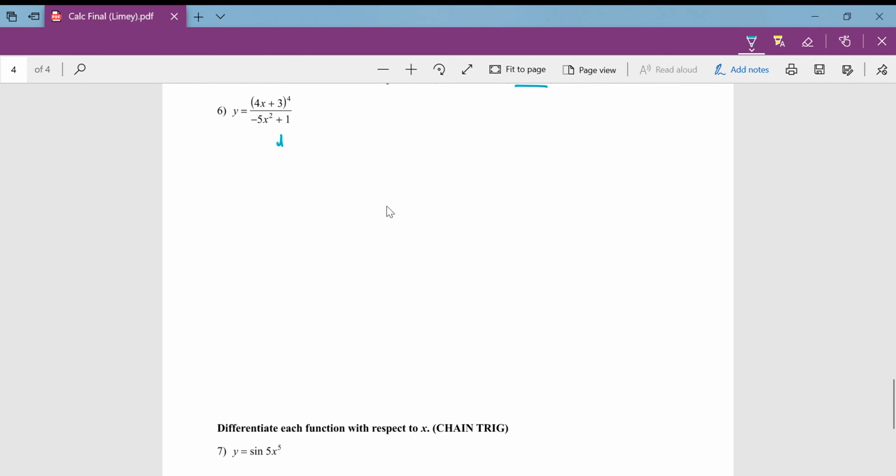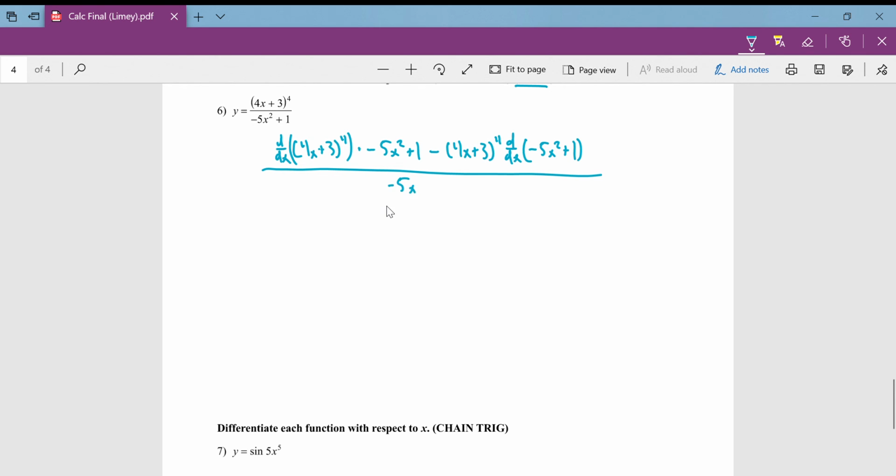Derivative of 4x plus 3 to the fourth times 5x squared minus 4x plus 3 to the fourth times the derivative of 5x squared plus 1 over negative 5x squared plus 1 squared.